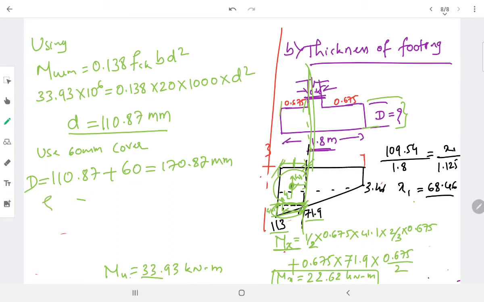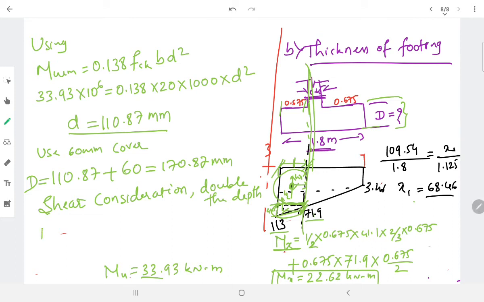So shear consideration, we know that when we consider shear, at that time we need to double the depth. So here 170 into 2, if I do, I'll get around 341.